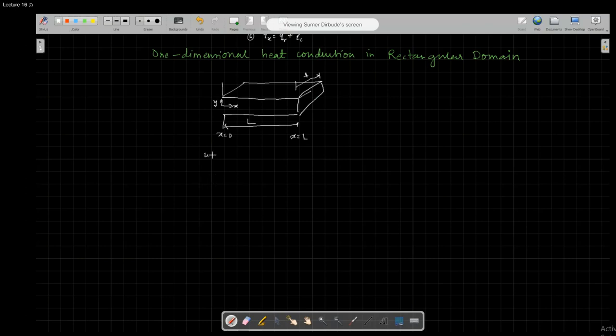So K is constant, and Y(x) is equal to half, and H(x) is equal to H bar, the average heat transfer coefficient.